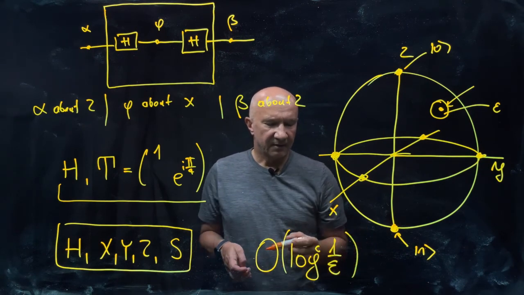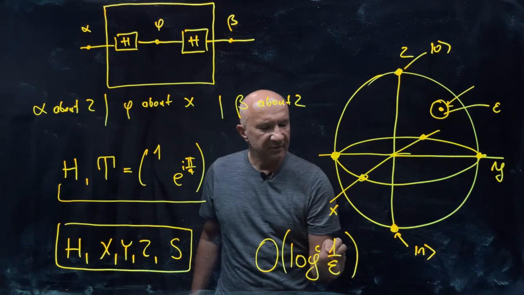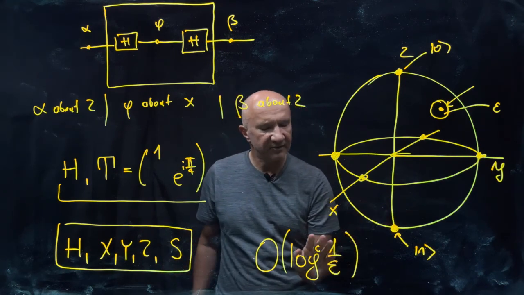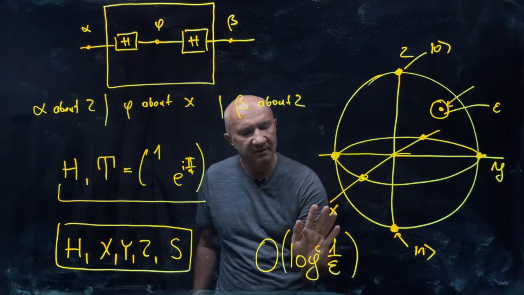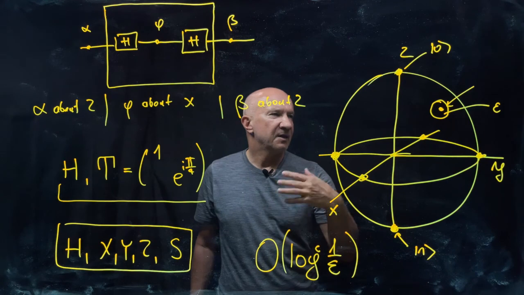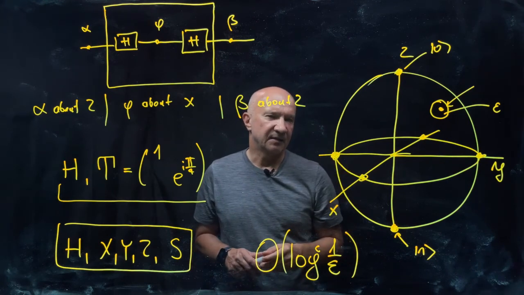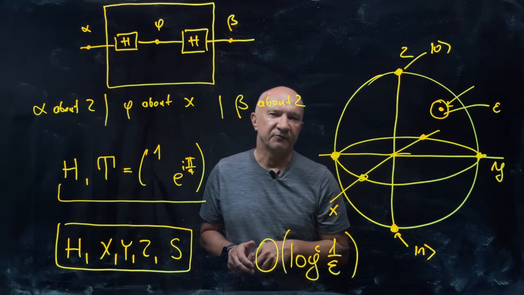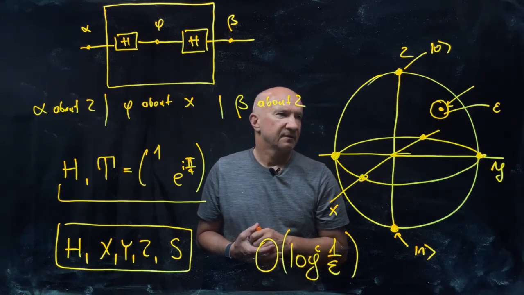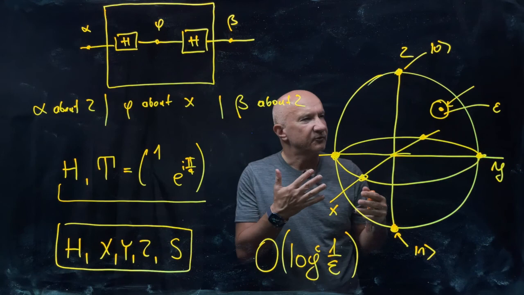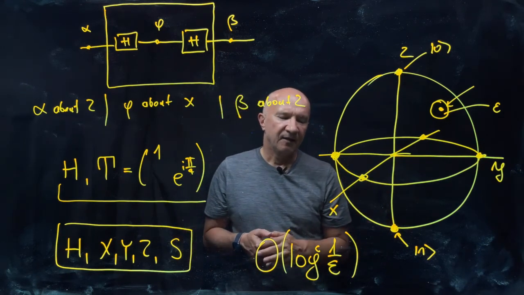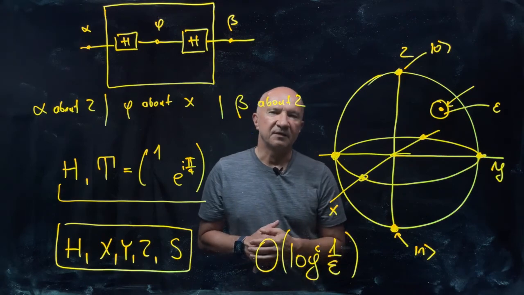So if you make epsilon smaller and smaller, then 1 over epsilon is larger and larger, but the number of steps required increases only logarithmically. That means we may not know exactly how to get there, but we know at least that it's possible to get there with a number of steps that scales very nicely.